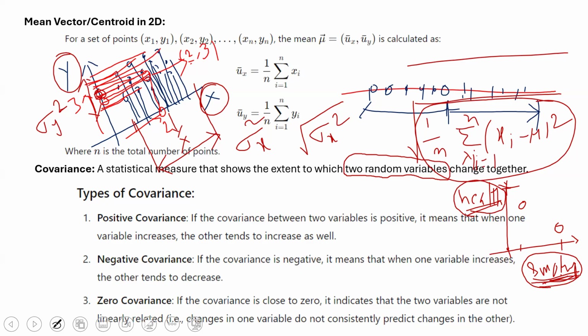So what kind of random variable is smoking? Is it a numerical random variable or a categorical random variable, or attribute, you can say? Smoking is like no smoking and smoking.